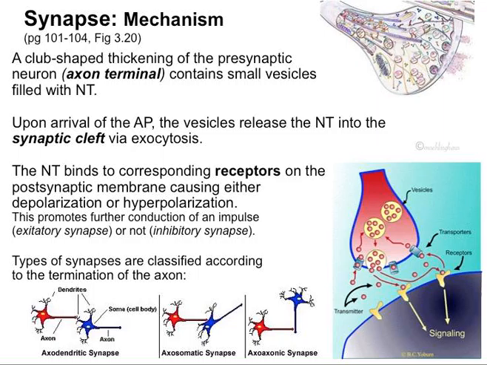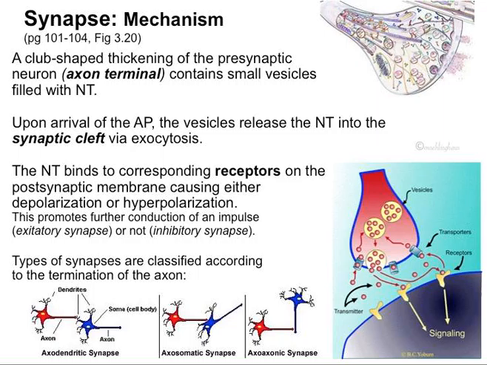So if it's an excitatory impulse making a depolarization, that makes the recipient fire or do something. An inhibitory impulse, of course, inhibits that neuron from doing something.